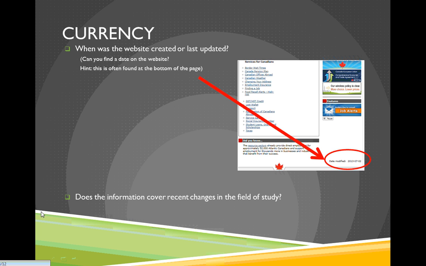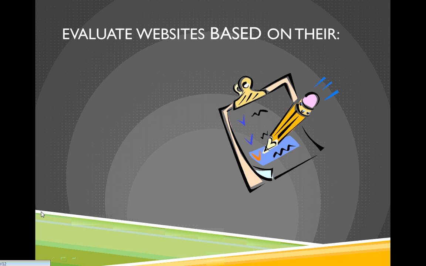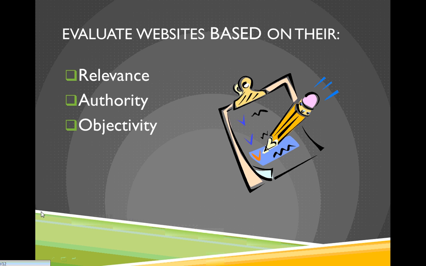All of these are important to consider. So when we are evaluating websites, we base our decisions on whether or not to use them for research on the relevance of the website, the authority, the objectivity or bias of the site and the information presented, the accuracy of the information, and its currency.